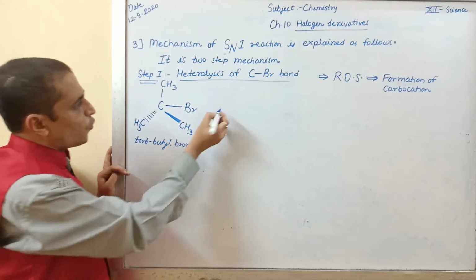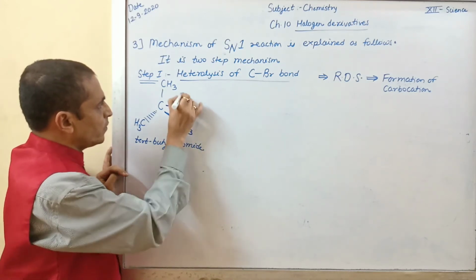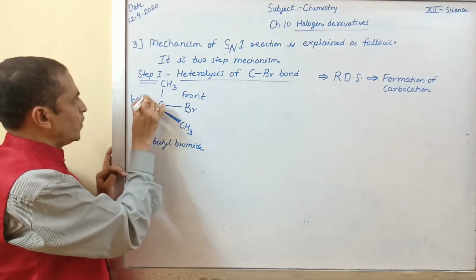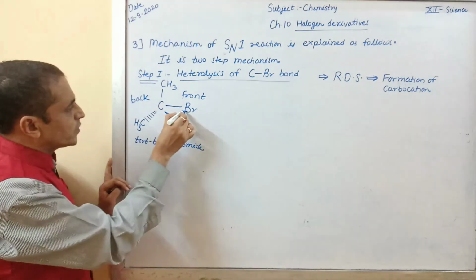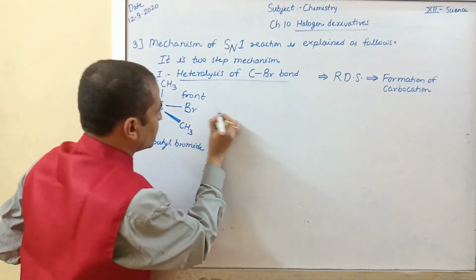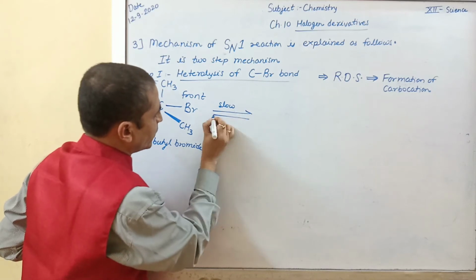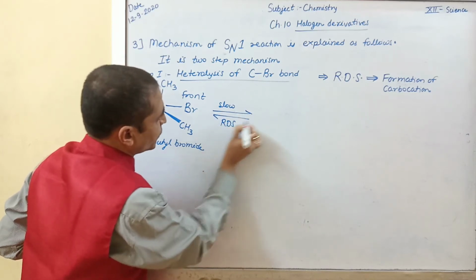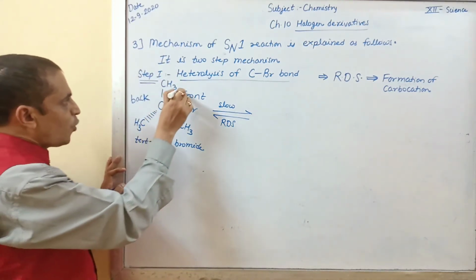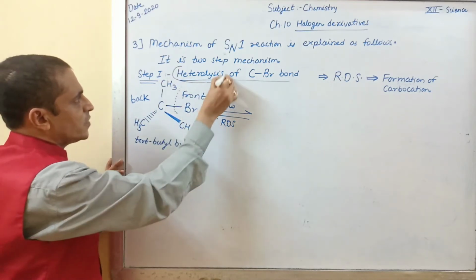Why? Because the attack of OH is prevented from front side as well as back side. Already I have explained about that. So this step is slow, so it is the rate determining step, and this step is reversible.